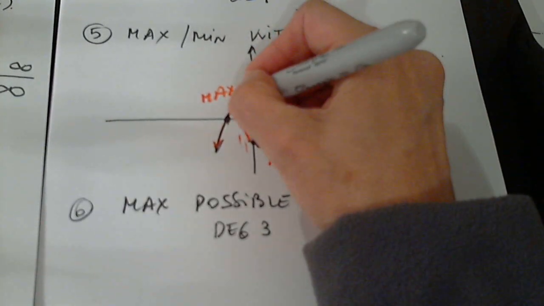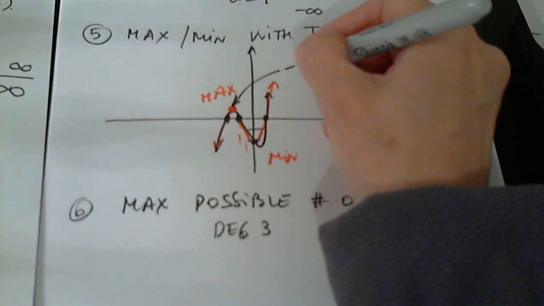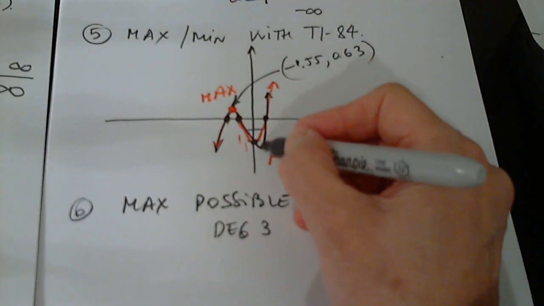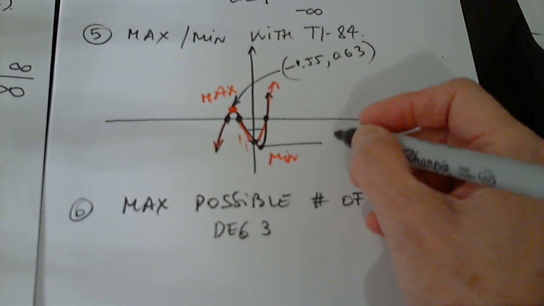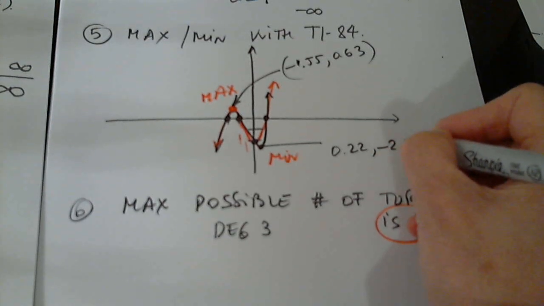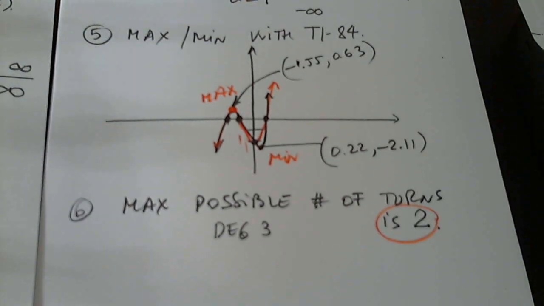So now we have the maximum, which is at x equals negative 1.55, and the maximum is 0.63. That's the point. And now we also have the minimum, which is 0.22 comma negative 2.11. A lot of work with these polynomial functions.